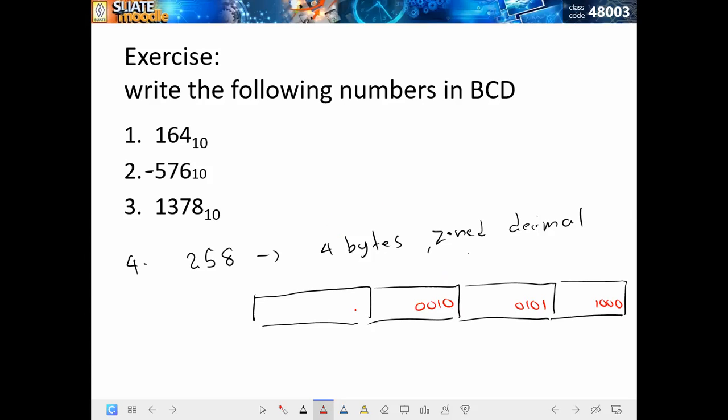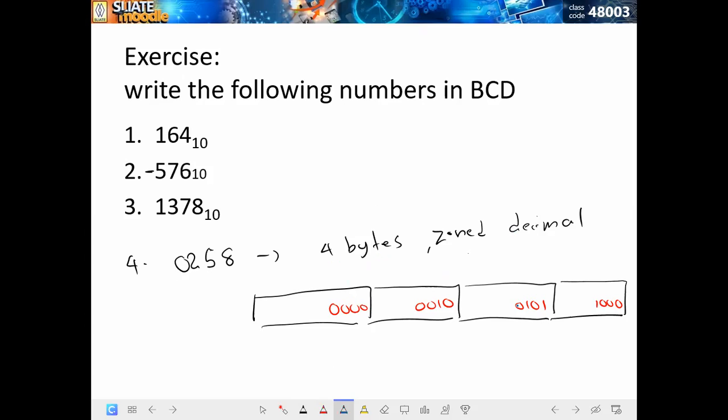We have an additional block on this side because we have to represent it in 4 bytes. So therefore we have to put a 0 here. Putting a 0 in front of this number will not make any change to the value.